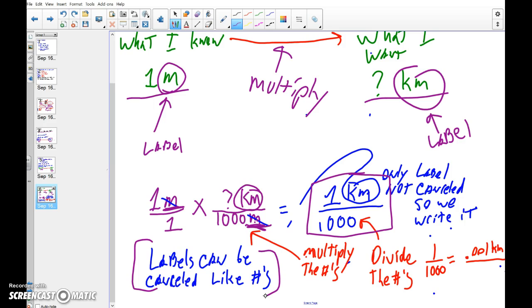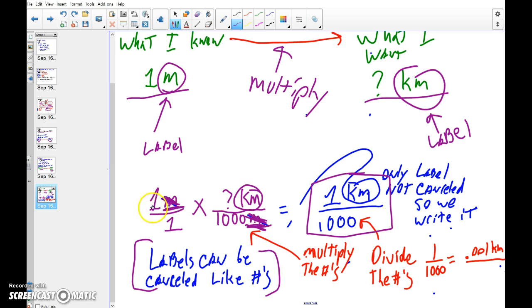Just like you would divide numbers in, like, 2 divided by 2 is 1 and 1, so I can ignore it. Or 5 divided by 5 is 1 and 1, so I can ignore it. You can divide labels. So things like meter and meter cancel. And when they cancel, the only thing left is kilometers.